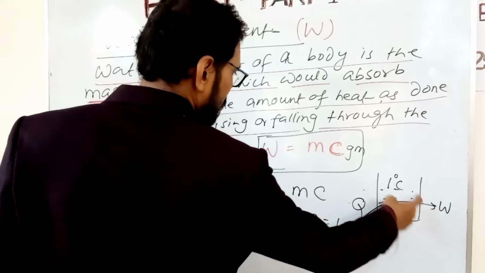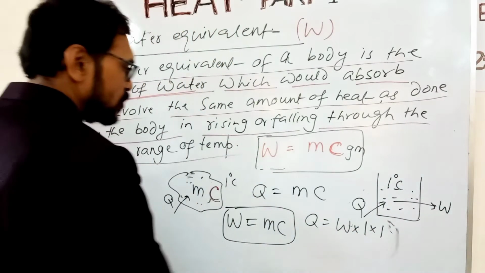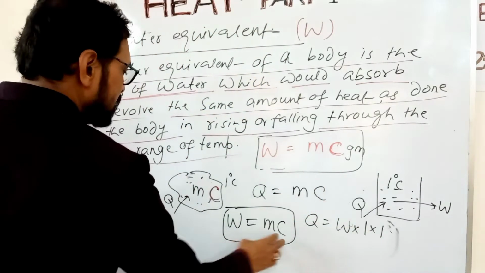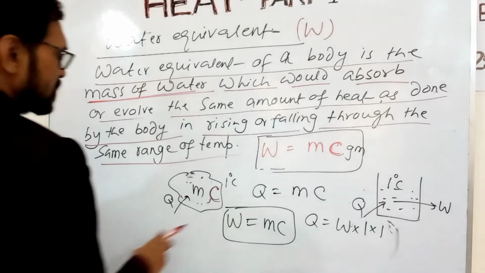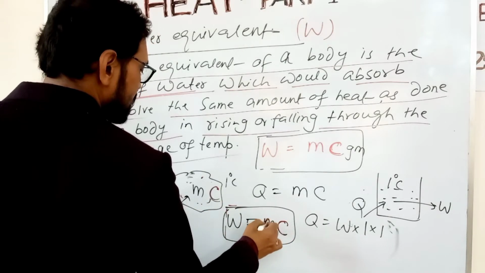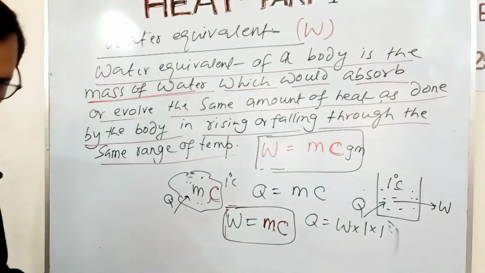Now this Q equals W into 1, as the specific heat of water is 1. So Q equals m s theta. Now equate this and this, we get W equals mc. So this is the relation between water equivalent and thermal capacity or heat capacity of the body, where m is the mass of the body, W equals mc gram.